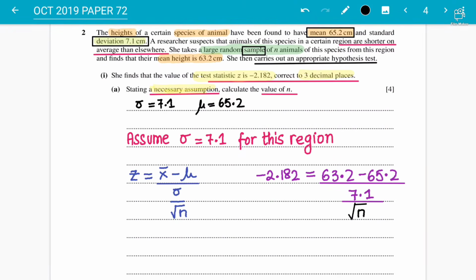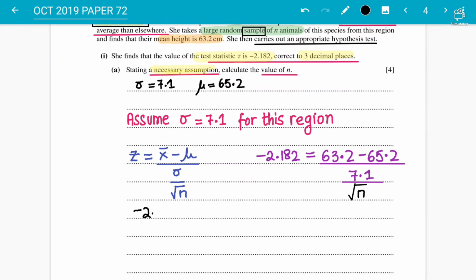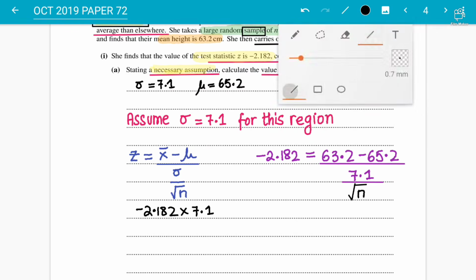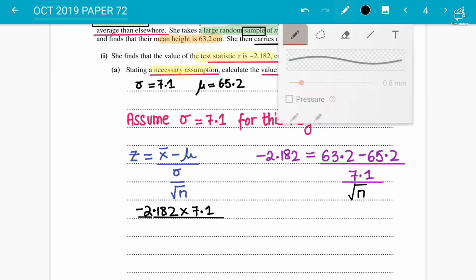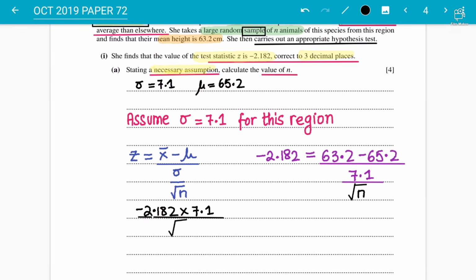So start multiplying and solving it. It will be minus 2.182 multiplied by 7.1 and divided by the square root of n. This is all about calculation, so it shouldn't be much problem to understand. We have n in the denominator.